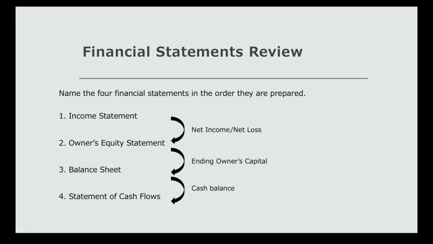On the owner's equity statement, we find an ending owner's capital. We need that ending owner's capital balance in order to prepare a balance sheet. And then we need the cash balance on the balance sheet in order to prepare a statement of cash flows. So those are going to be your 4 financial statements.